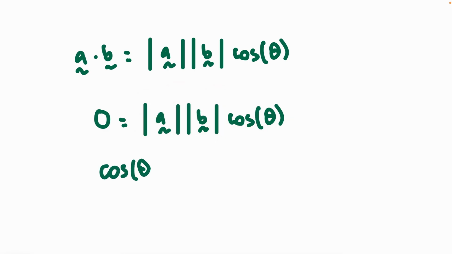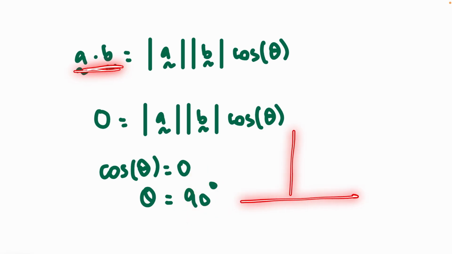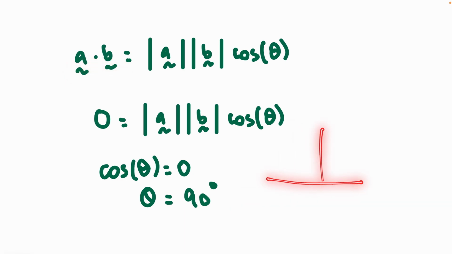If cos theta, the angle between the two vectors, is equal to 0, the only angle in the first quadrant which holds true, the smallest value, is theta equals 90 degrees. So we've just shown that in order for the dot product to equal 0, theta must be equal to 90 degrees, and that also means that A and B are perpendicular. So that's how the dot product can be used to show perpendicularity.